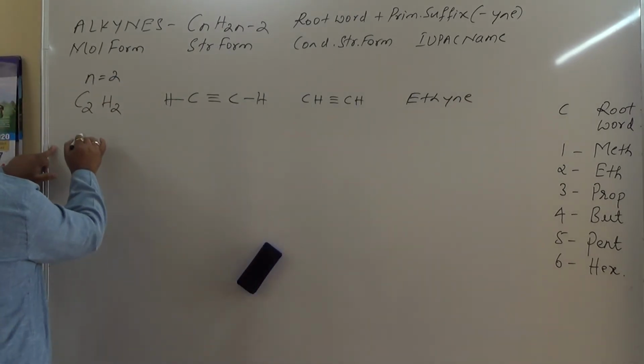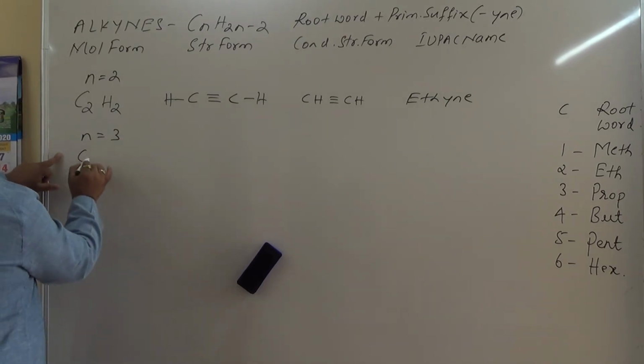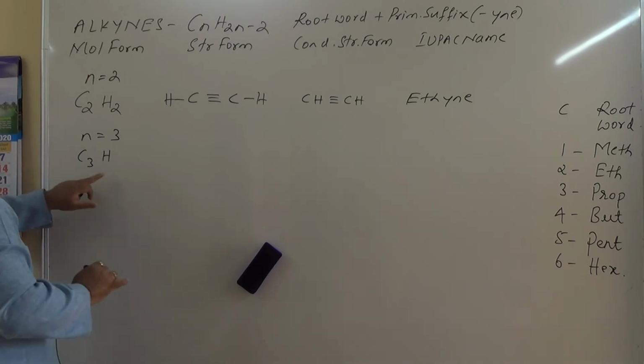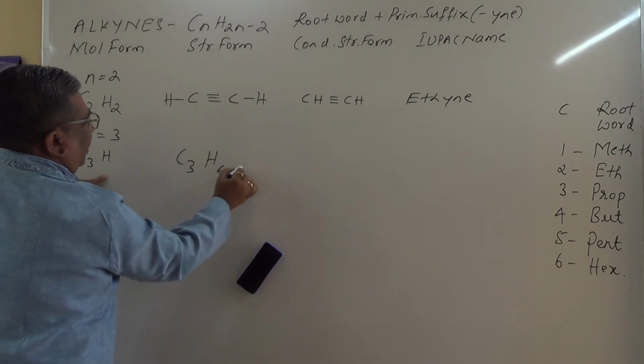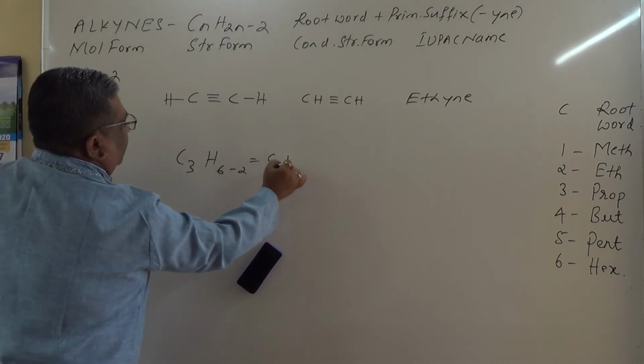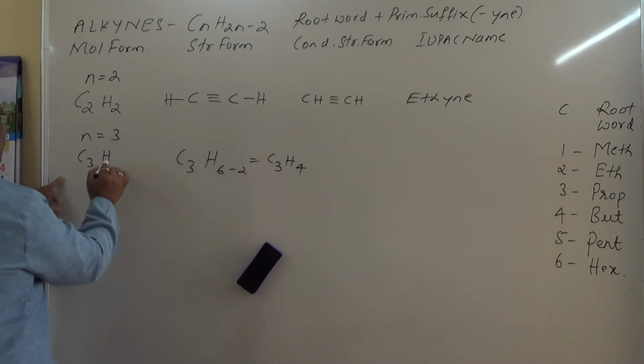Next one, n equals 3: C3H, 2 threes are 6, minus 2, which is C3H4. 3 twos are 6, minus 2, 4. C3H4.